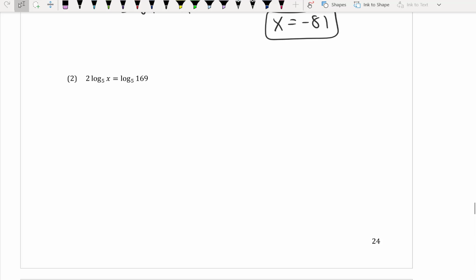So number 2 is very, very similar. So I still have that square. So I'm going to rewrite this as log base 5 of x squared is equal to log base 5 of 169. So now since the logs are isolated on both sides, since it's equal, I can set the insides equal.